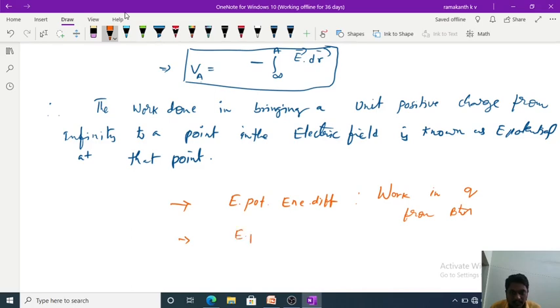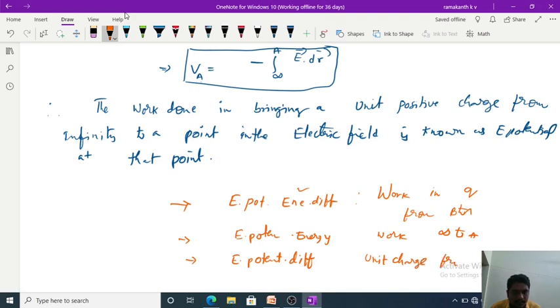What is electric potential energy? Work done in bringing the charge from infinity to A. Next, what is electric potential difference? This is simply the difference: work done in bringing a unit charge from B to A.